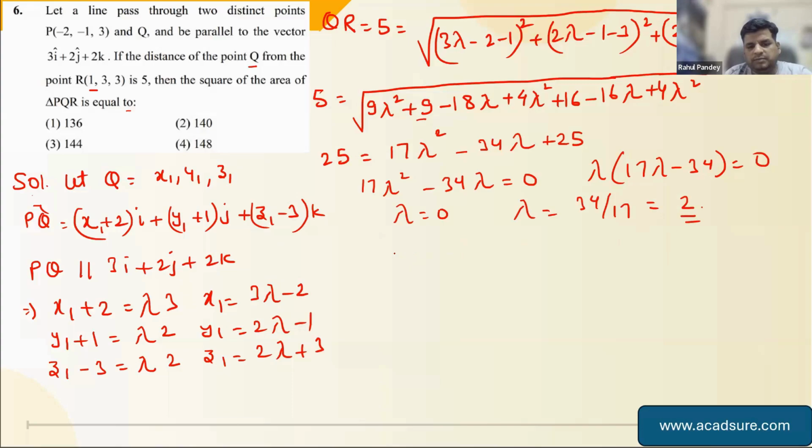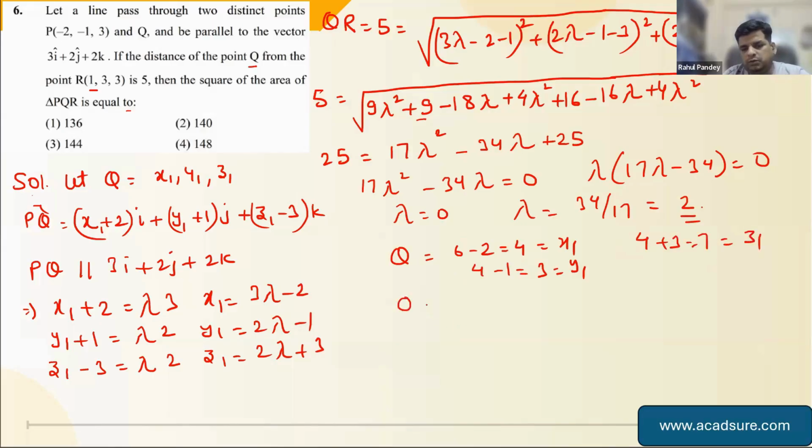Okay, so Q becomes 3 lambda - 2, which is 6 - 2, which is 4, x1, and then 4 - 1, which is 3, that is y1, and 4 + 3, which is 7, so it is z1.